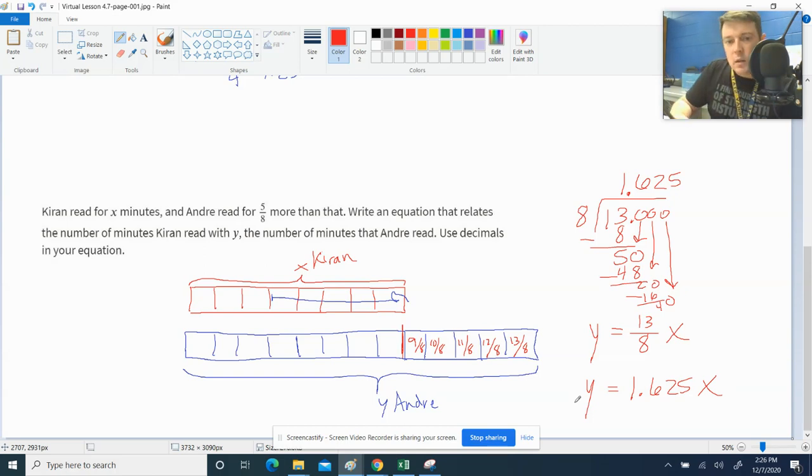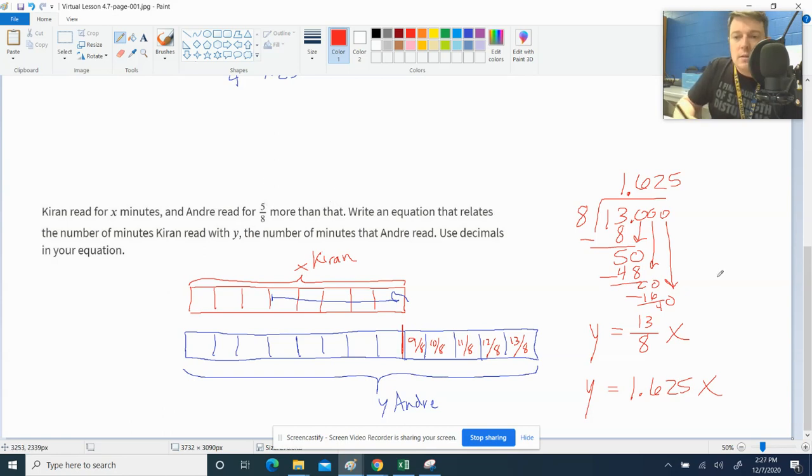If you take Kieran's amount of minutes that he read and multiply it by 1.625, you will get the amount that Andre read, because he is 13/8 times what Kieran read based upon this 5/8 more.